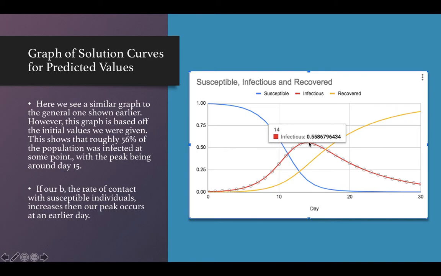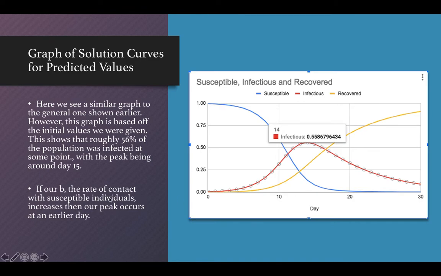As we see, the peak of the curve has a 0 slope, and we see here the same thing where these two slopes are going to be equal to each other, and they're going to cause this to be a 0 up here. I want to note that if our B, which is the rate of contact with susceptible individuals, increases, then our peak occurs at an earlier day.